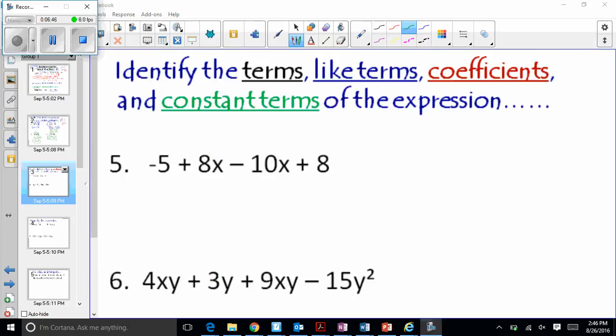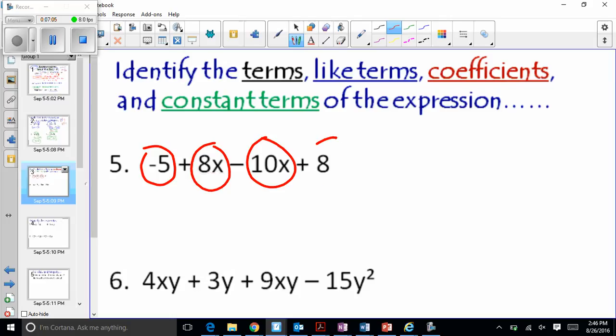All right, next, what we want to do is identify all the different parts of our expressions correctly, and then know how to organize them. I'll just say right now that all of these separate chunks are terms.